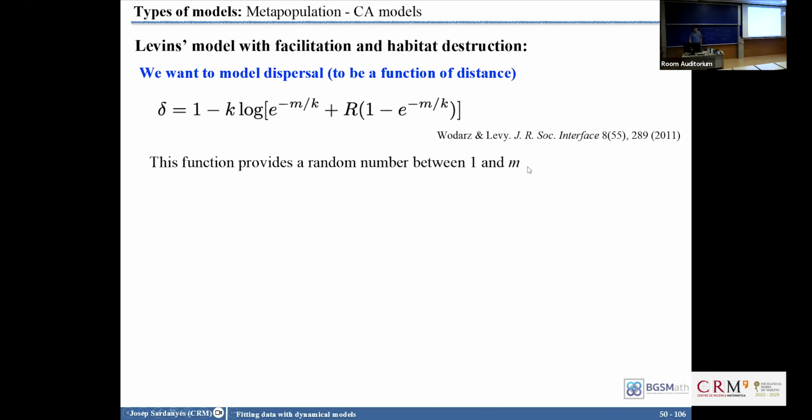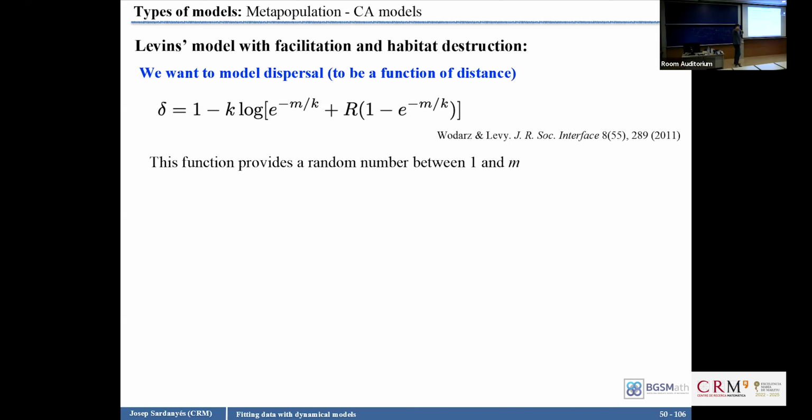Okay, so the number 1 means that I am choosing my first neighbor. Number m is that I choose the neighbor that is m times far away from me. This is some function that you can implement in your automata in the computer, and then you can make the colonization rate depend on this function, and then you can say if the seed will go just next to me or will go very far away.